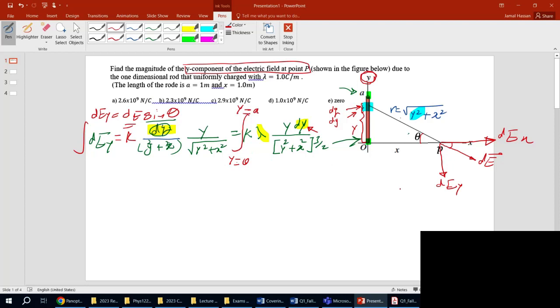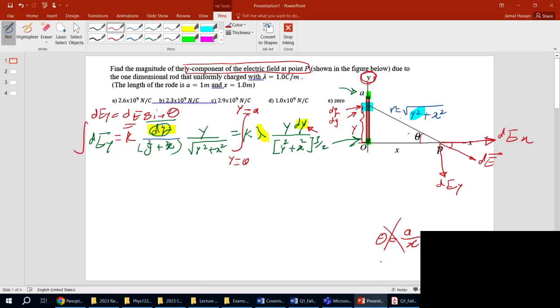Here I would like to tell you about some common mistakes, because this was actually a question on one of my quizzes. One common mistake by a few students was assuming that theta is simply equal to a divided by x. This is wrong, because theta is not going all the way to point A, the end of the rod. So that's one mistake.